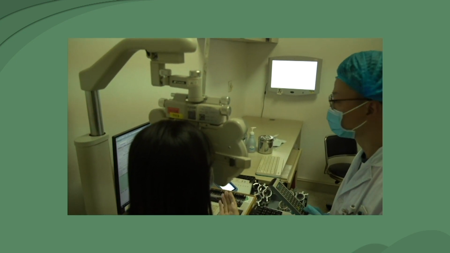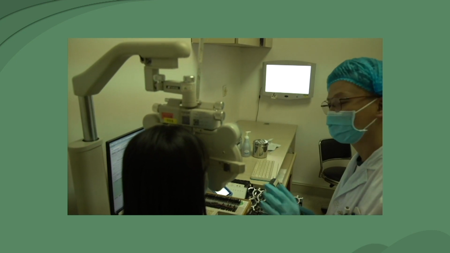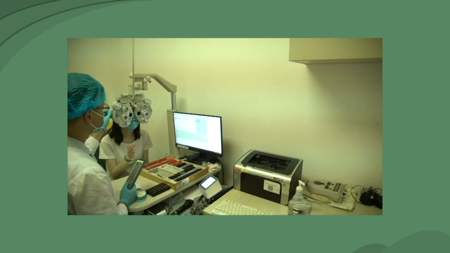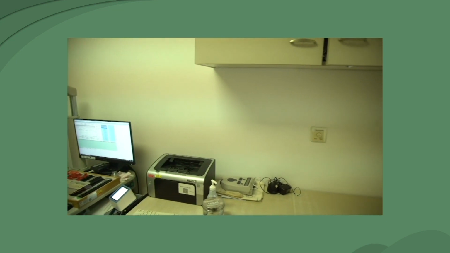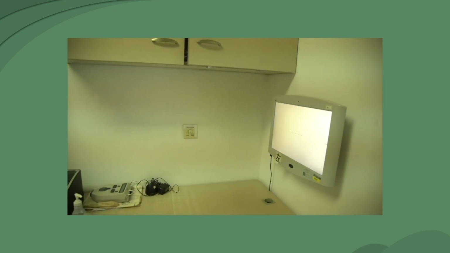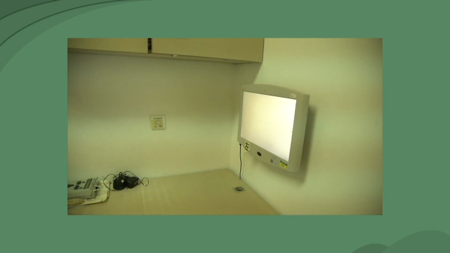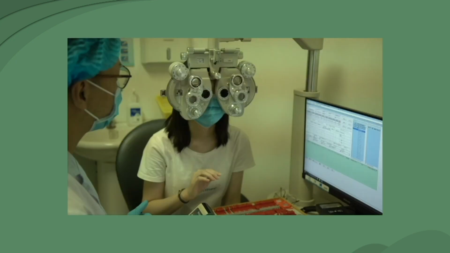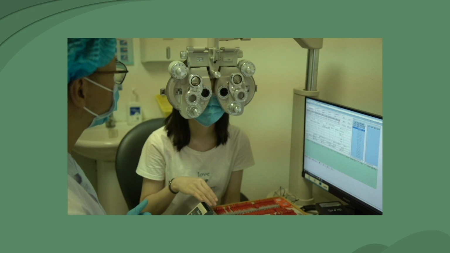"Is it better with lens 1 or lens 2?" and "Which letters are clear?" are frequently asked during the procedure. The power of the lenses that provide the clearest image is the final determination of refraction. The clearest image is the best corrected visual acuity.